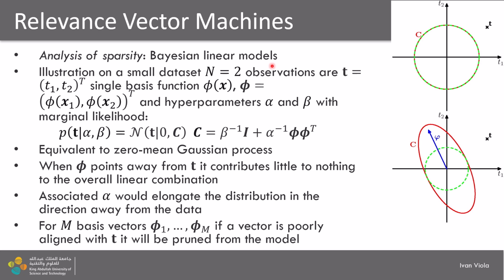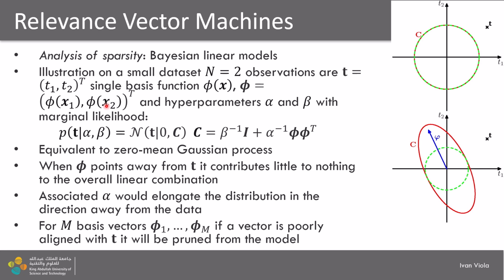We will help ourselves with an illustration on a small data set which has just 2 points and 2 observations, where we have the target values, the vector t1, t2, and a single basis function phi of x, where the vector phi is phi of input point x1 and phi of input point x2.